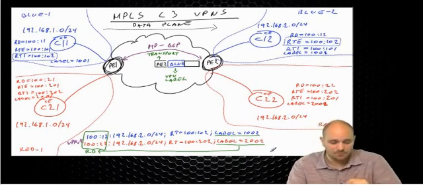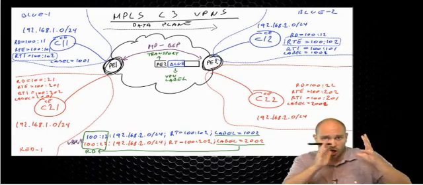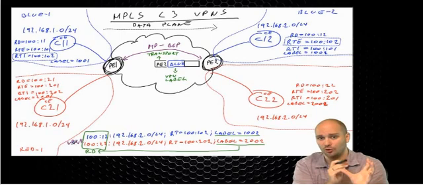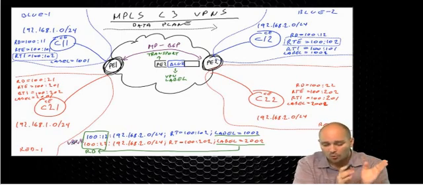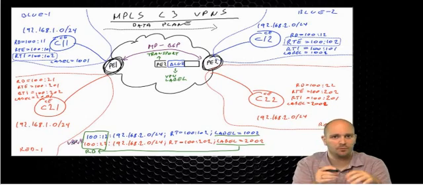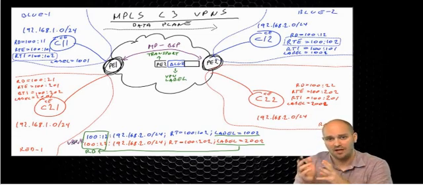So technically speaking, the RD part of the VPNv4 update is where the label is going to get encoded. But when you are running debugs, like for example debug ip bgp vpnv4 updates, when you get the update, it will be shown as a separate attribute.